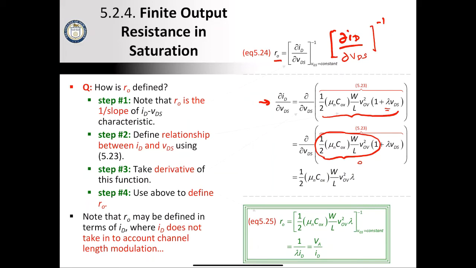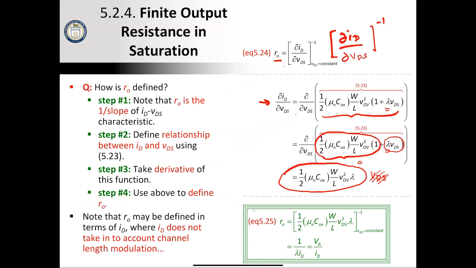The second part is a coefficient of lambda VDS, which was originally multiplied by VDS. We take the derivative with respect to VDS, so it goes away, and we're left with the coefficient 1/2 mu n COX aspect ratio VOV squared times lambda.